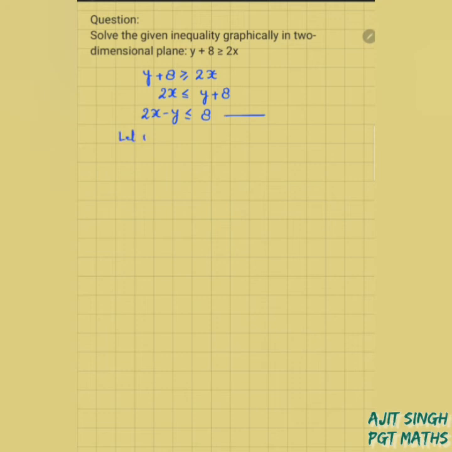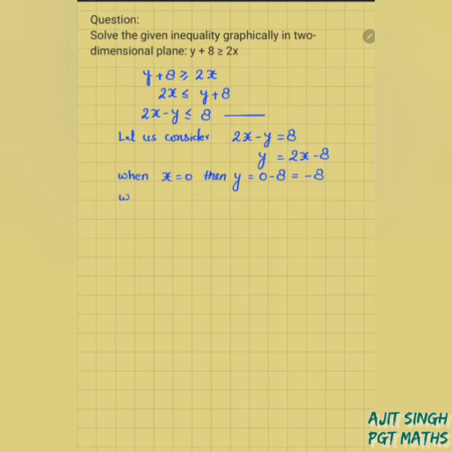Let us consider the equation of line 2x minus y is equal to 8. So y is equal to 2x minus 8. We will put two values of x. First, when x is equal to 0, then the value of y is equal to 0 minus 8, equal to minus 8.